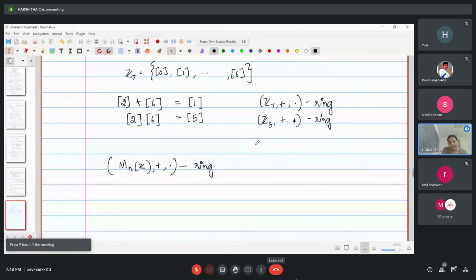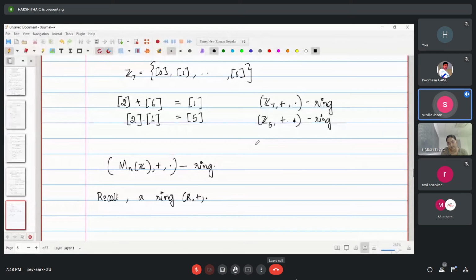Okay, so now what is an integral domain? A ring is said to be an integral domain if it is a commutative ring with unity, and it should not have zero divisors. Yes, exactly.